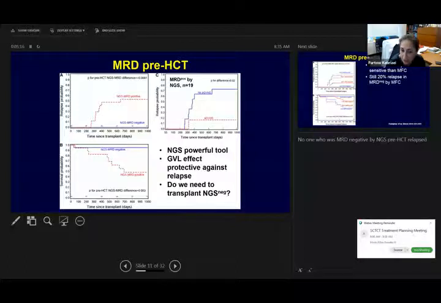So in summary, NGS is powerful, GVL does exist in ALL, and it begs the question, since no one in the MRD negative group relapsed, do we need to transplant a subset of these patients?